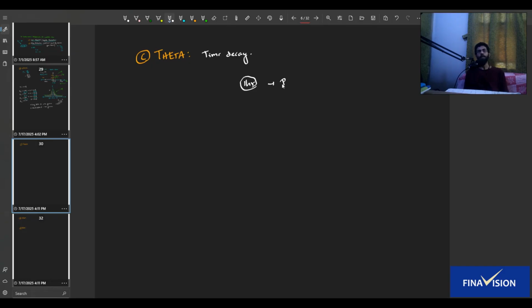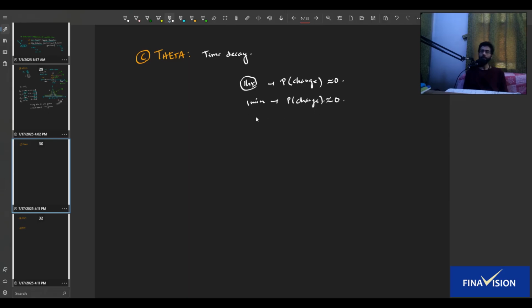Probability of change of its moneyness is almost 0. If it is 1 minute, again, probability of change is almost 0. Now I am writing delta here, don't confuse it. This is change.